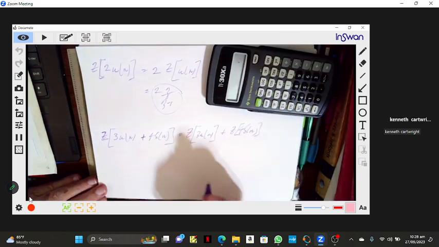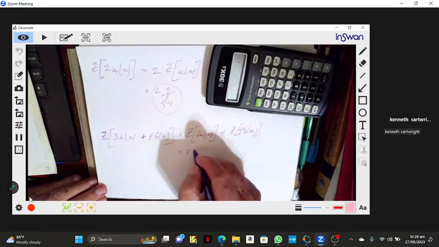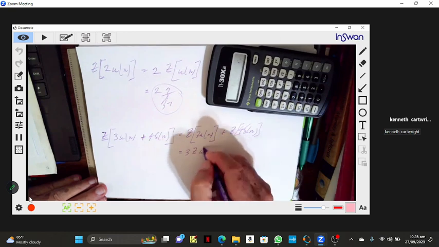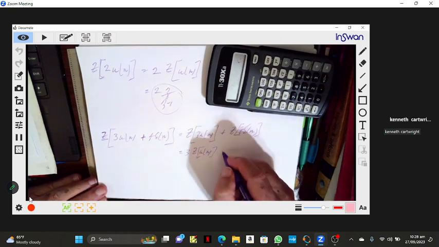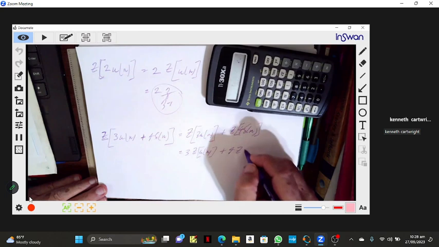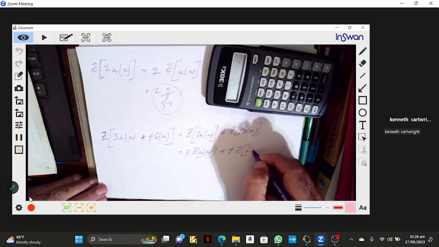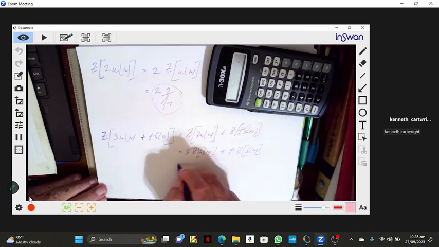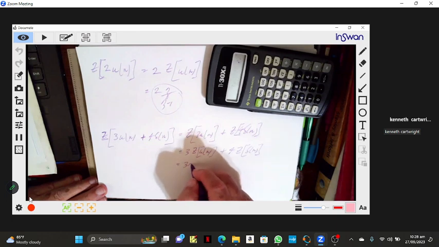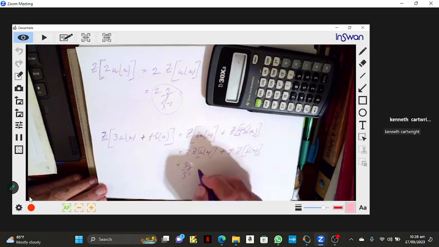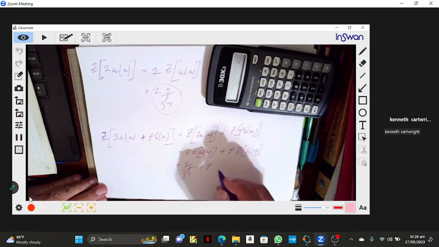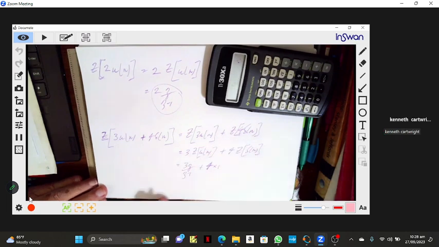Okay. We could bring the 3 out. Don't forget the brackets. We can bring the 4 out. And that's 3 times z over z minus 1 plus 4 times 1. What 4 times 1? Yes. And we could leave it there.